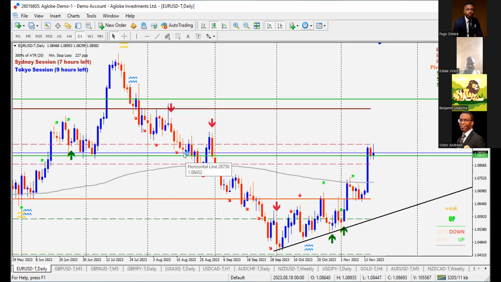All right. But the idea here this evening is to bring us to an understanding that it has to be relative. With this shoot to the downside, asking us to sell, if you believe that 100 pips is too much a risk for you, you can go to a lower time frame.